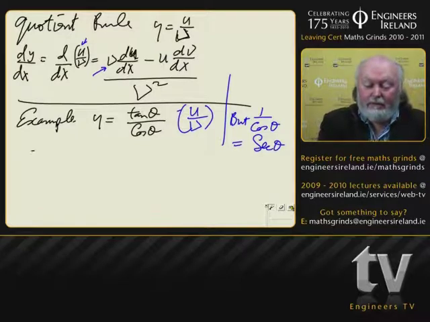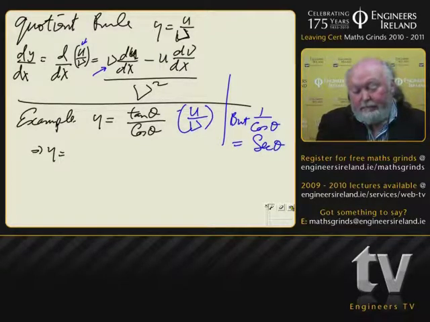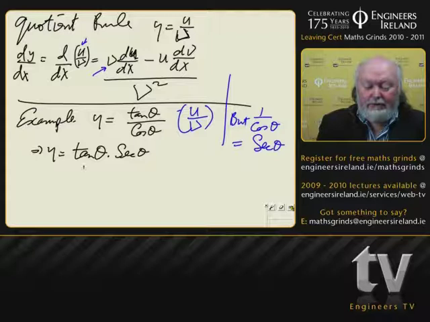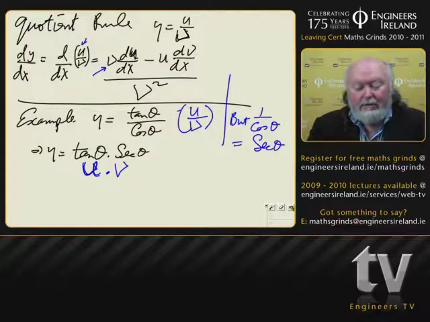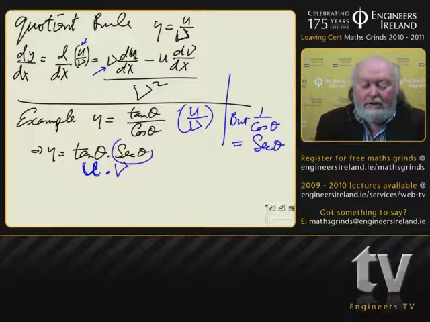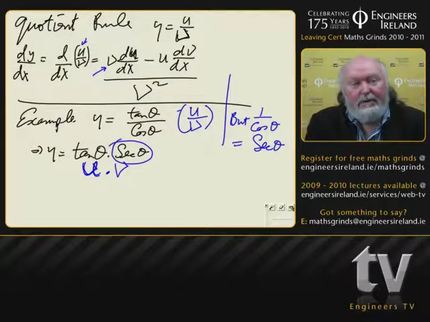So we can say that implies y is tan theta by sec theta. And now this is clearly in the territory of u multiplied by v, which is obviously a quicker calculation to do. If only you remember what the d dx of sec is.